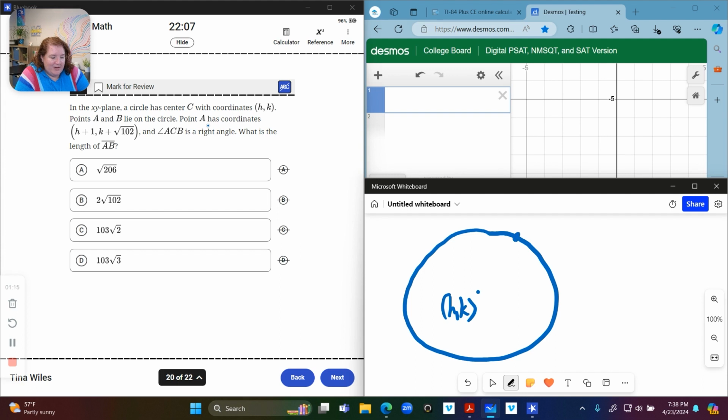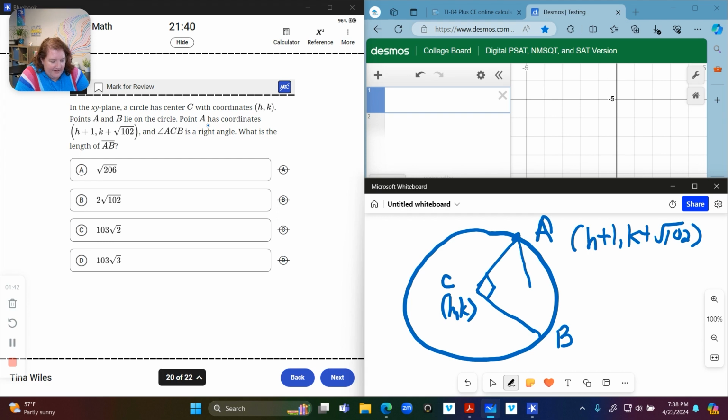And so we're going to put A here, and this is going to be (h + 1, k + √102). And angle ACB is a right angle. So that means this is point C, right? It's the center. This is a right angle. And this is B. And they want to know what is the length of AB.